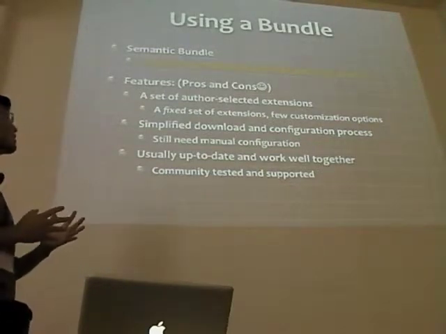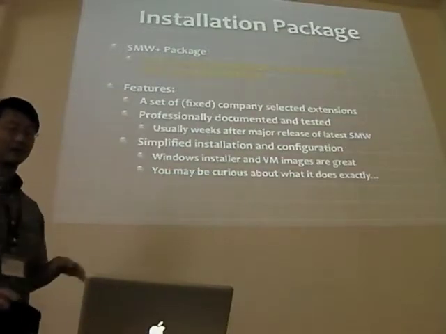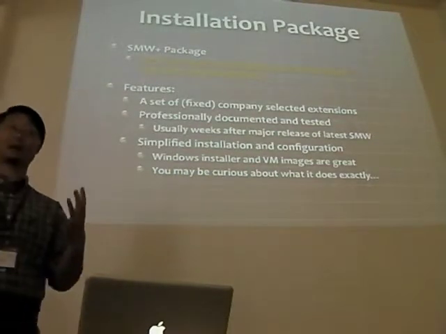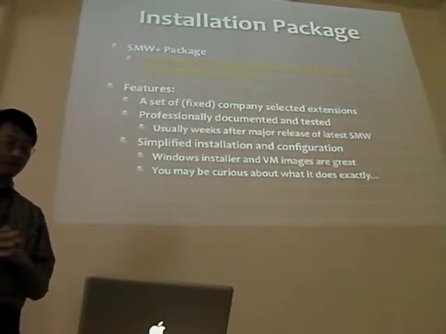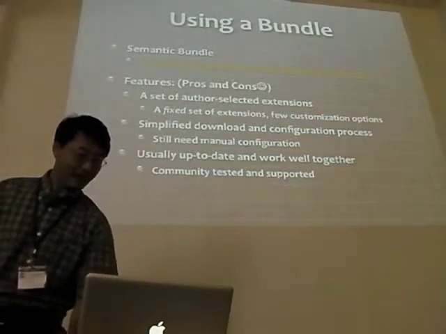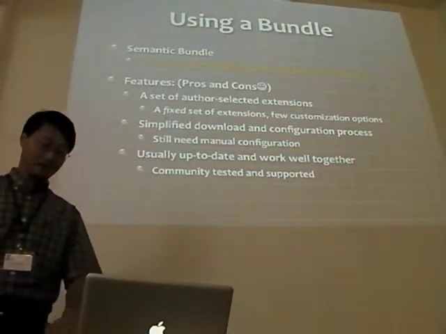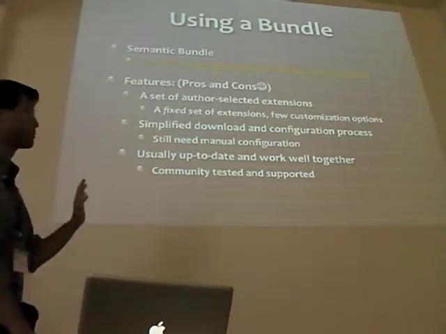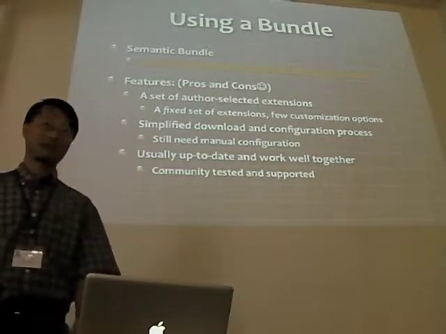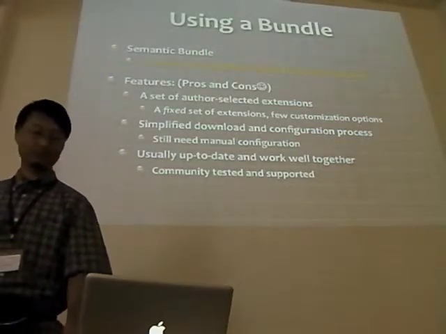It's a set of fixed extensions that is basically designed and picked by some experienced developers, and also it's a really simple downloading process, but still needs some manual configuration. It's usually up to date really fast after a major release of SMW. It's community tested and supported.